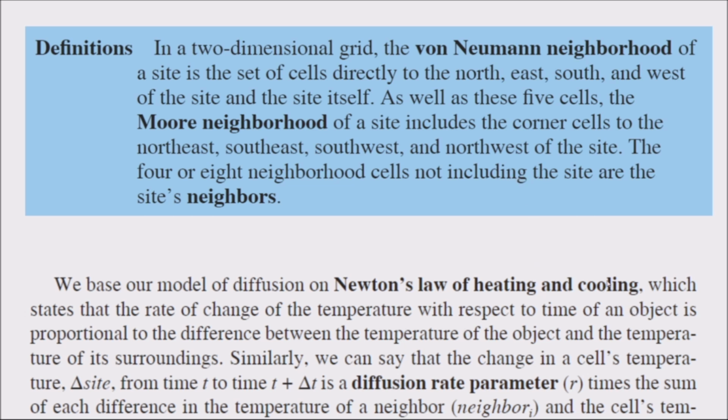I will talk about that in a minute, which states that the temperature change with respect to time of an object is proportional to the difference between the temperature of an object and its surroundings, right?